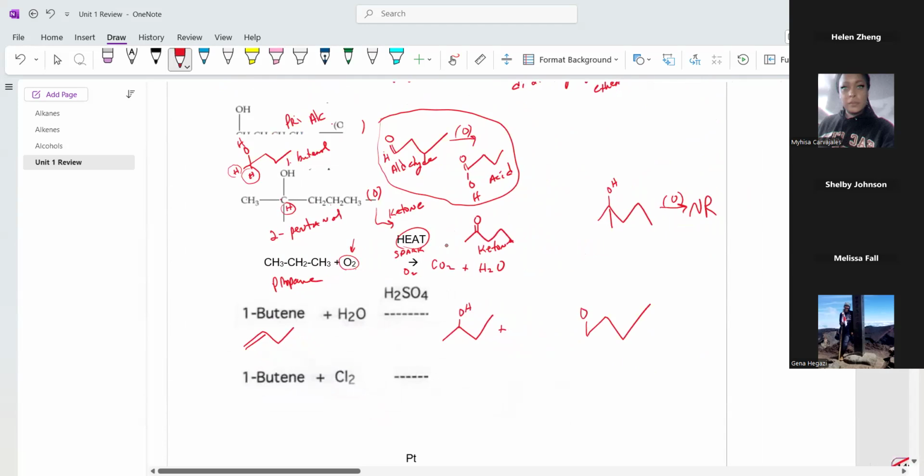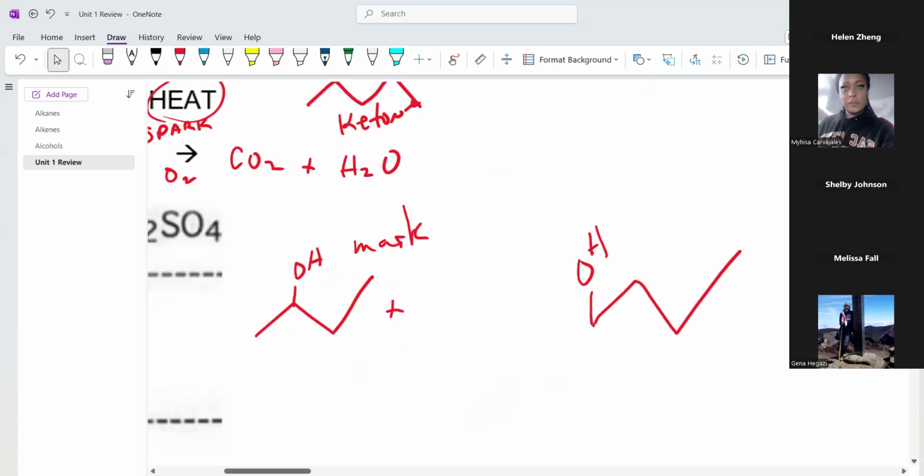And here. And it's going to be a mix. And Markovnikov, like this bigger. And symmetry for each one.